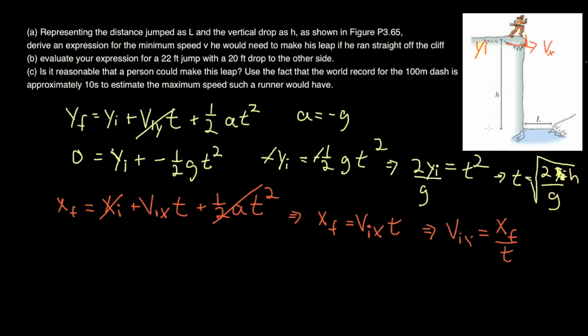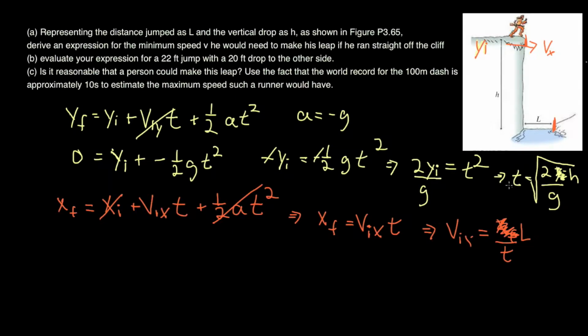But again, we're asked for it in terms of L and h, so we know that x_f, the final position, is going to be the same thing as L. So we'll just represent this as L. Okay, so now we have everything. We have t in terms of h, and we have this velocity in terms of L. So now we're just plugging in for t.